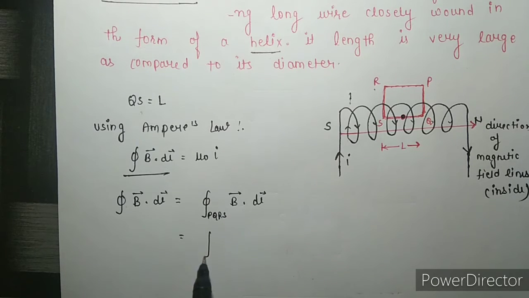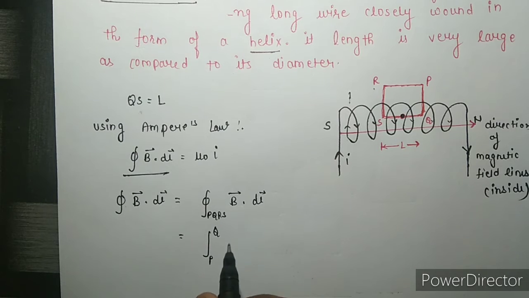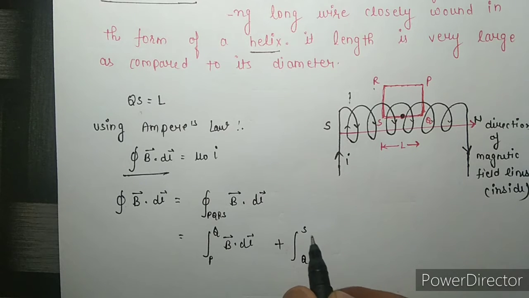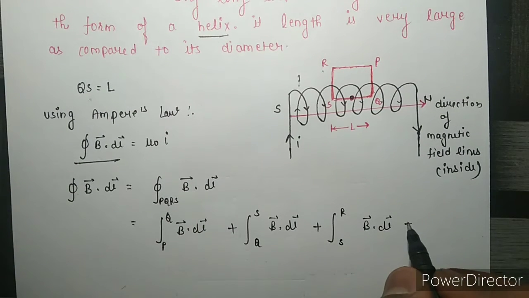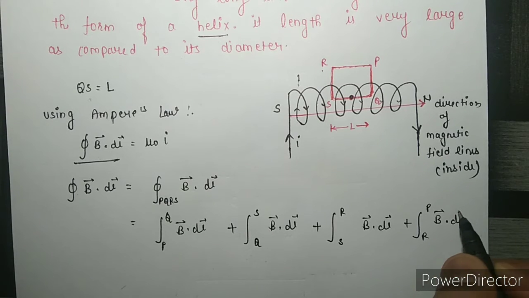So we get the integral from P to Q of B dot dl, plus Q to S, plus S to R, plus R to P.